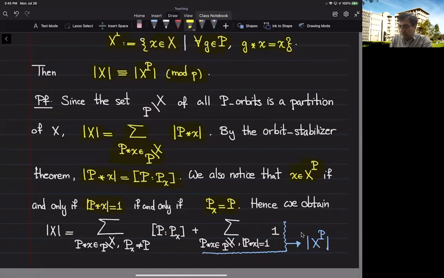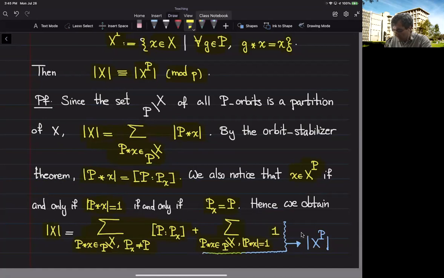So that means if I rewrite this summation and split it into two summations, those terms that have more than one element, and I write it like this in this first sum, or those terms that have precisely one element. And that means instead of writing this, I need to write simply one, because there is only one element inside this type of orbits.